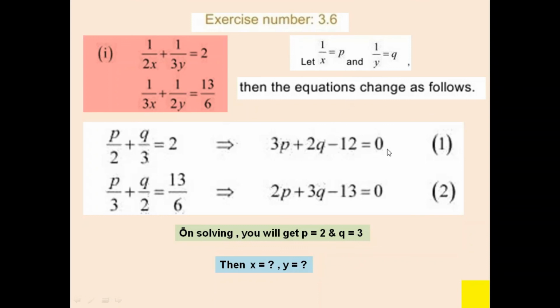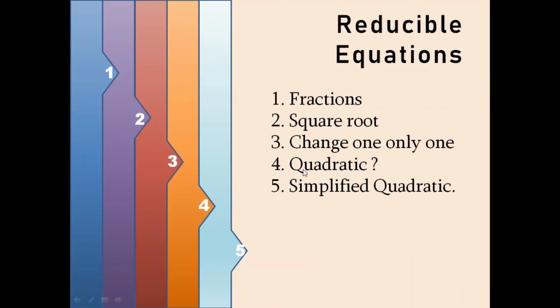You'll get two equations in the form of p and q. Solve them. You'll get the answers for p and q. You take the reciprocals: the reciprocal of p will give you the value of x, and the reciprocal of q will give you the value of y. So these are basically the 5 problems that we have discussed today.